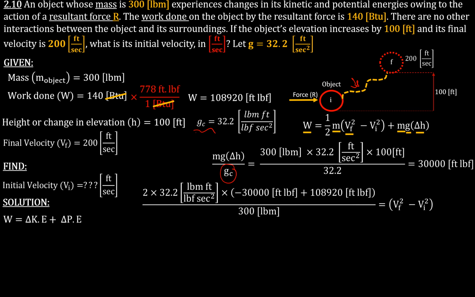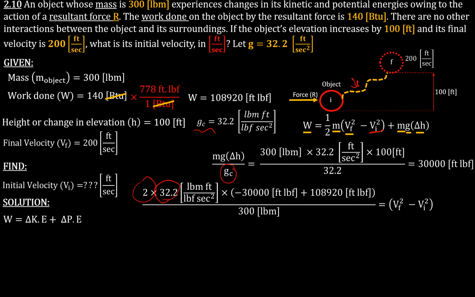So here we will use algebra to solve for the initial velocity. The 2 moves to the other side of the equation and becomes multiplication, and because we said that we divide by the gravitational constant, we will have it here.